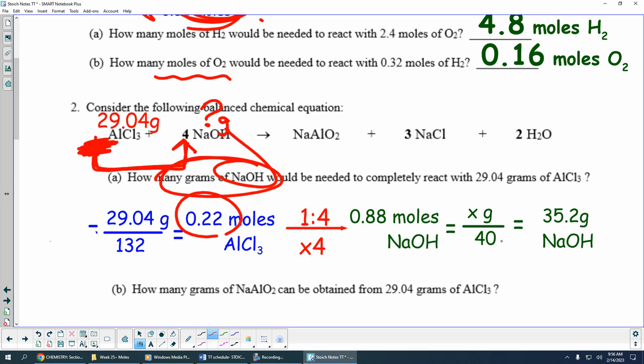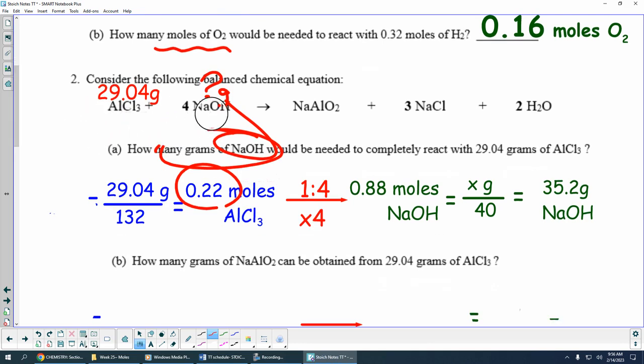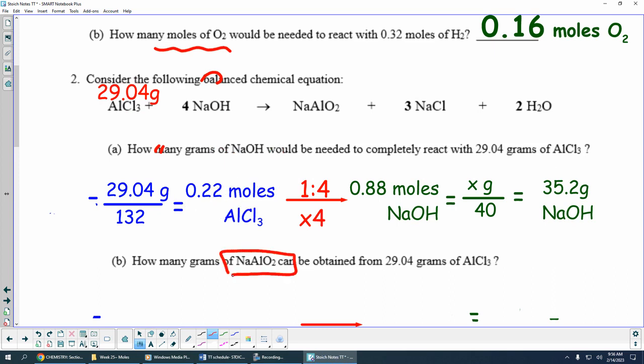Now, I want you to take where you are with that example, and I want you to try another one on your own. I'm going to bring around an answer key, but listen to the way this works. The way that this question is asked, the next part, how many grams of NaAlO2, so I'm just moving to here. How many grams of that can react with my 29.04 grams?